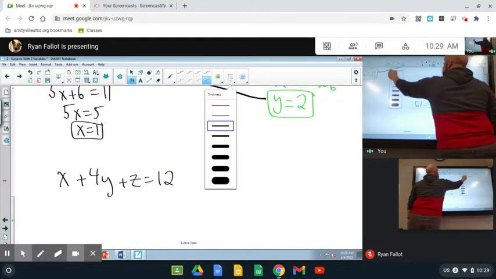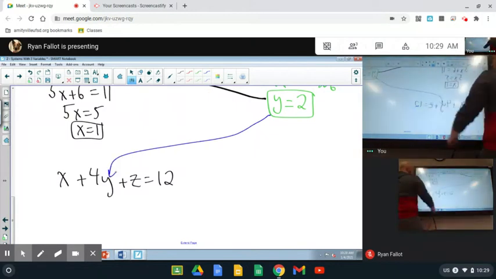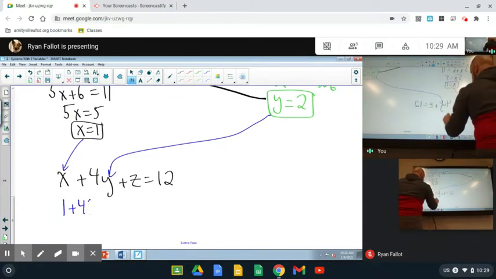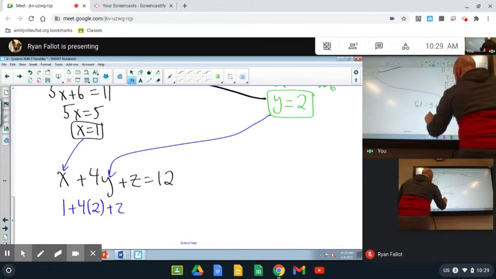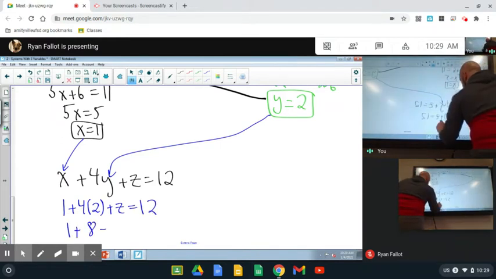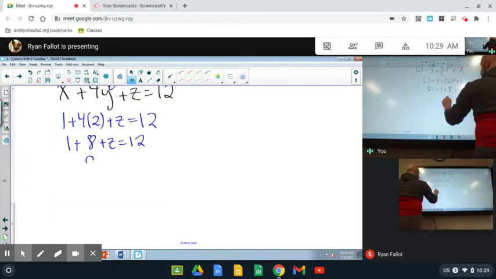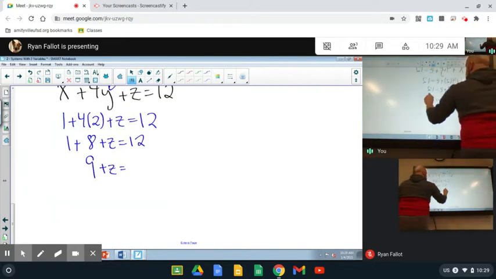All right, we have our value of y is 2, so we'll plug that in here. X is 1, and we plug that in here. So 1 plus 4 times 2 plus z is equal to 12. 1 plus 4 times 2 is 8, plus z is equal to 12. 9 plus z is equal to 12. So that means z is equal to 3.